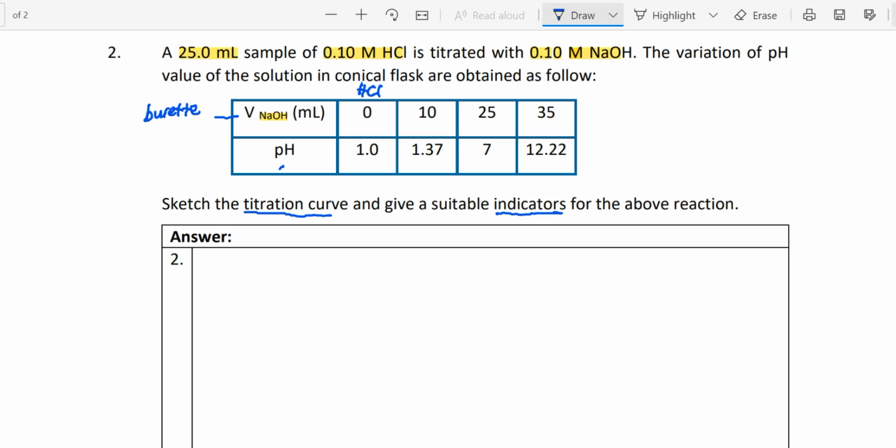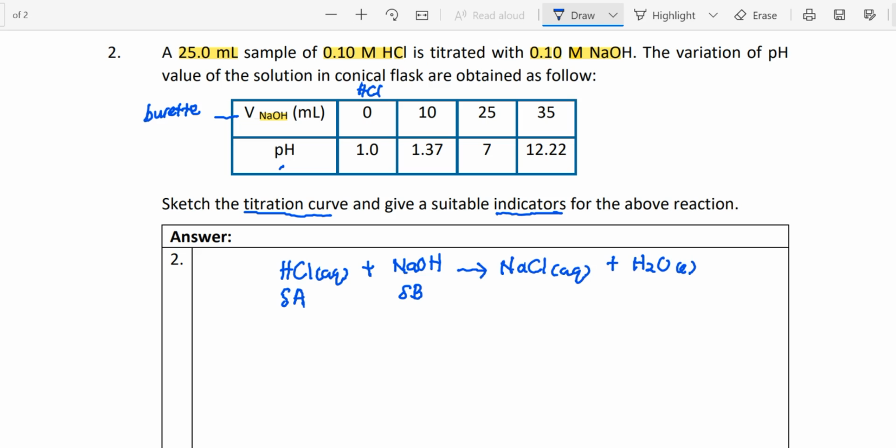So what should we do? First of all, we have to analyze. This reaction is between HCl, which is a strong acid, reacting with the base NaOH, which is a strong base, and it will form the salt NaCl and also water.